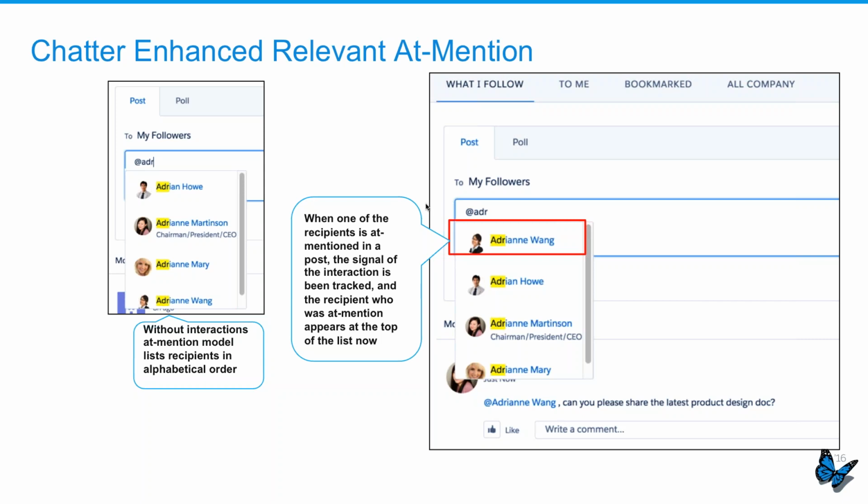In this case, Adrienne Wang is shown fourth in line, but since she was already @ mentioned in this post, we want to create an additional comment to her. Once we start typing A, Adrienne would pop to the top of that list, so we don't have to scroll down through the entire list any longer. It's a convenient feature.